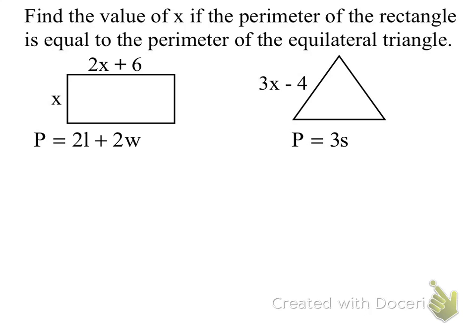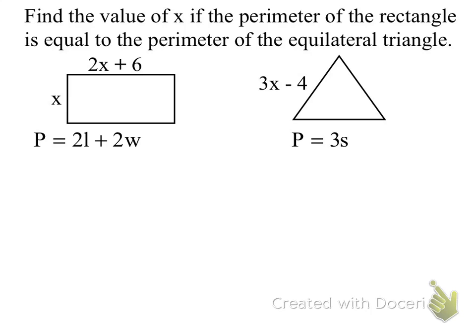When I get a problem like this and they're asking for, as soon as they mention the word perimeter, you got to use the formula if there is one. So this is 2 x's and 2 lengths. 2 widths and 2 lengths. Okay, we want to see. You can apply formulas.